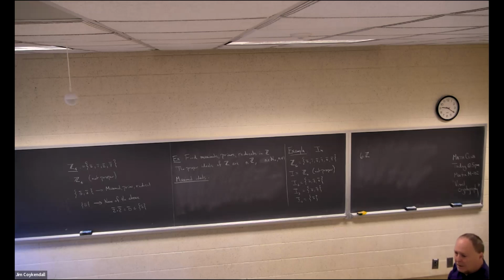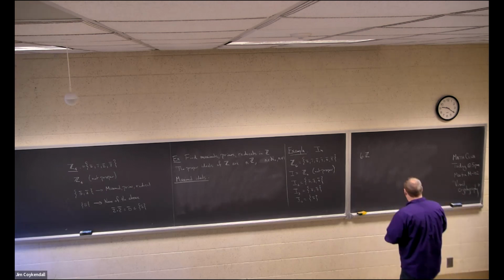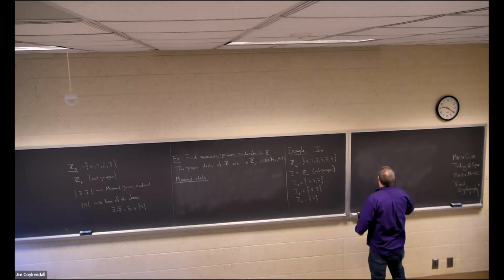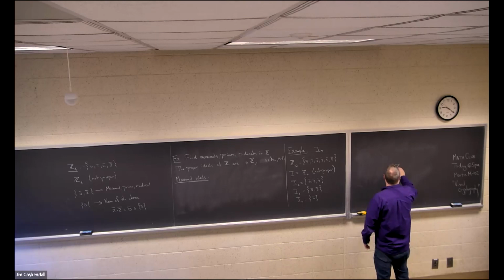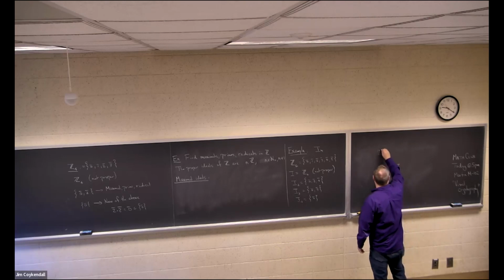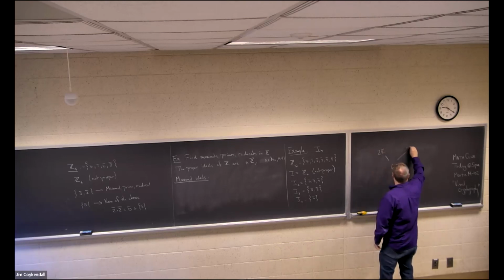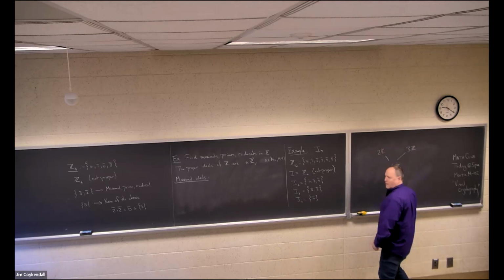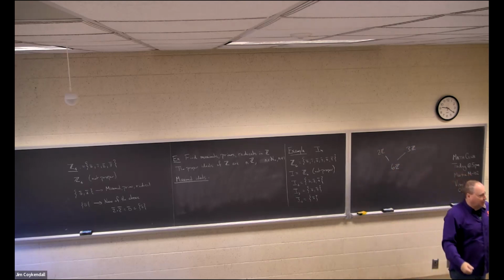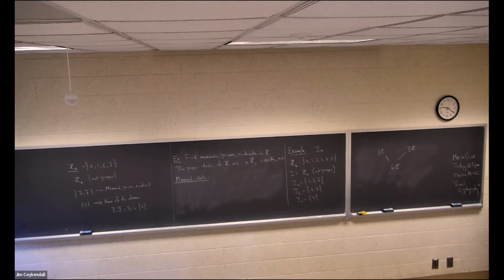Yeah. Right, you picked them both out, right? Every multiple of 6 is a multiple of 3, and every multiple of 6 is a multiple of 2.